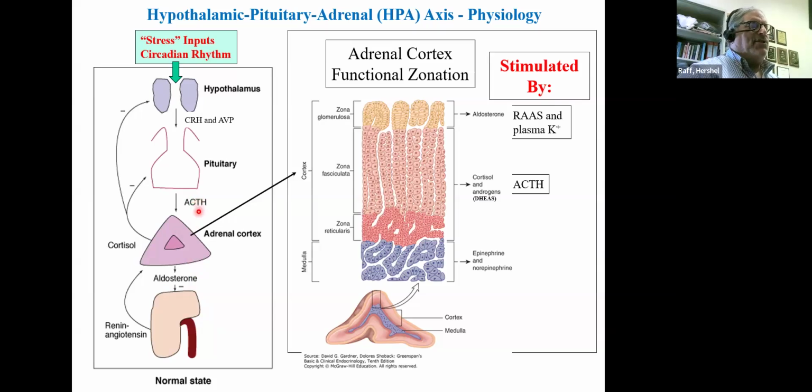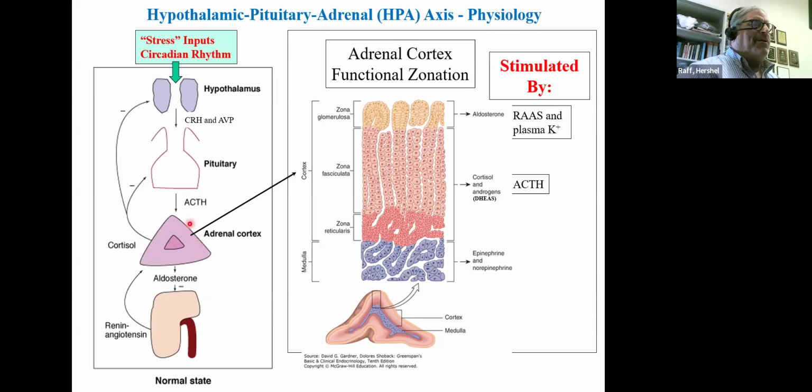So that if ACTH is very low in secondary adrenal insufficiency, which we'll get to, the zona fasciculata and reticularis, the part of the adrenal that makes the steroids we're going to talk about today, actually atrophies. Just like if you put an arm in a cast, the muscle will atrophy.